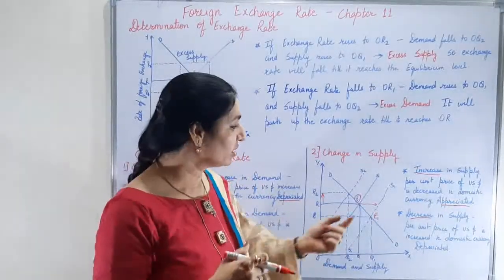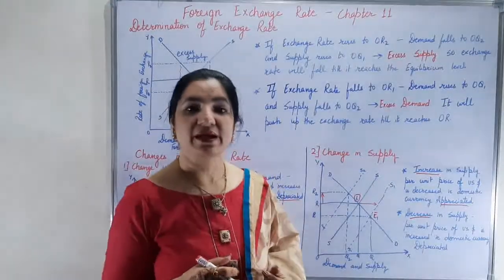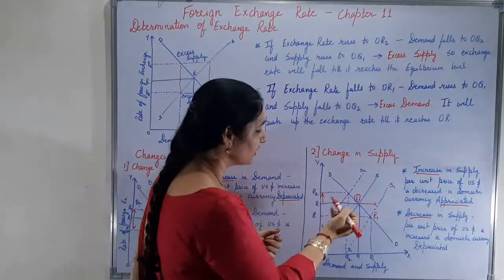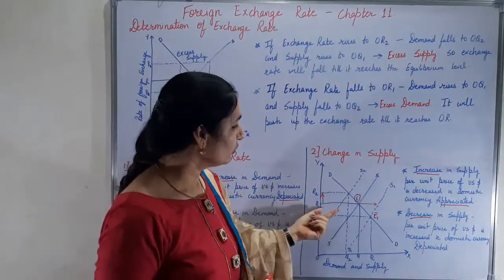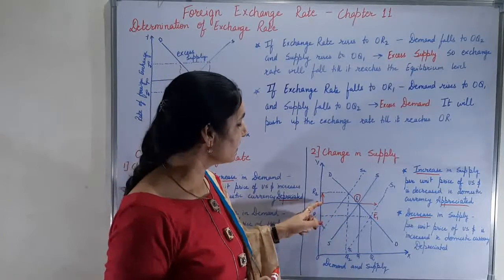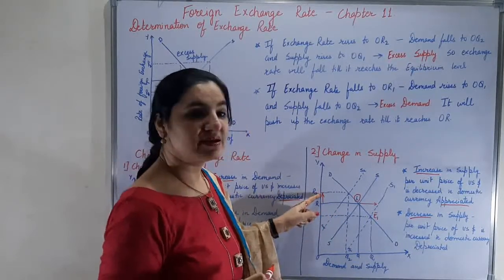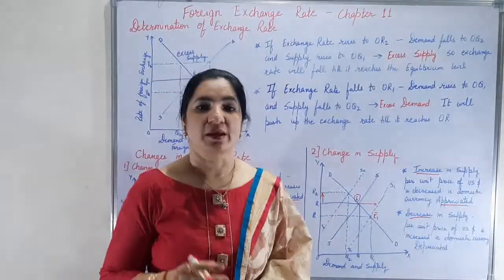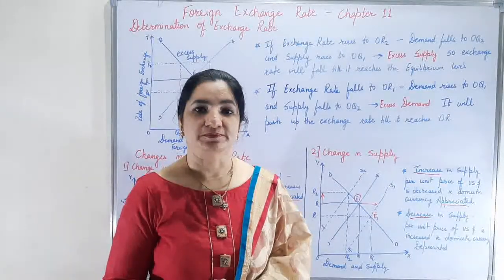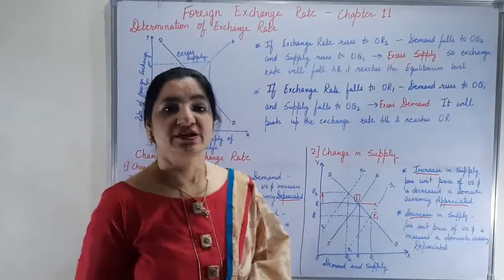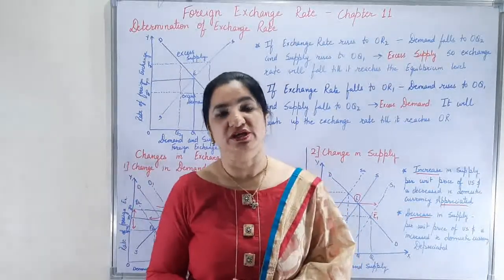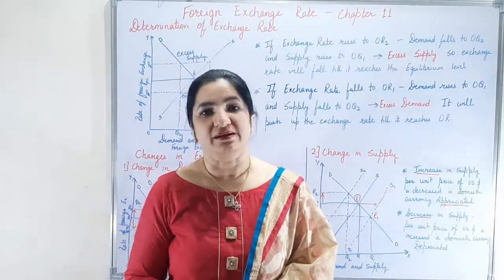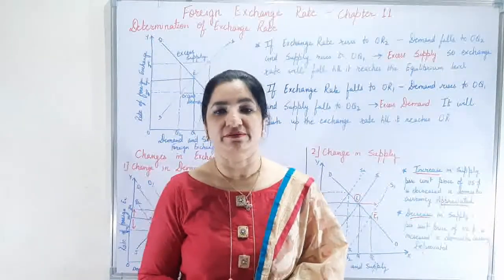Now, when we talk about a decrease in supply, it shows deficit supply from the original curve, and the per unit price of the US dollar is increased, that is, the domestic currency is depreciated by this particular value. So in this way, change in demand and change in supply can affect the imports and exports of the country.